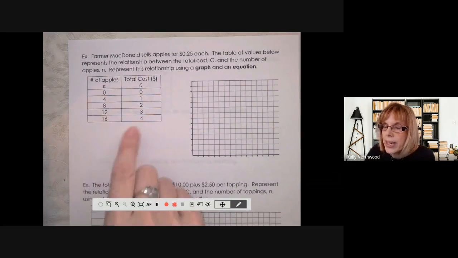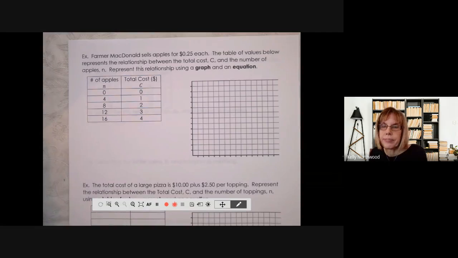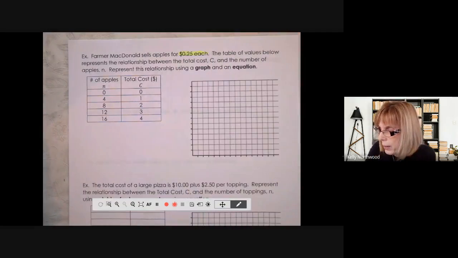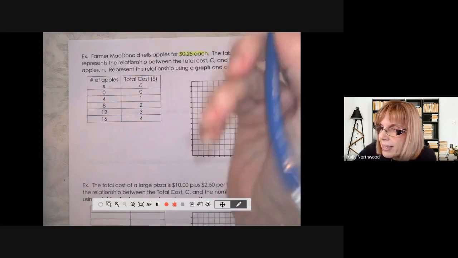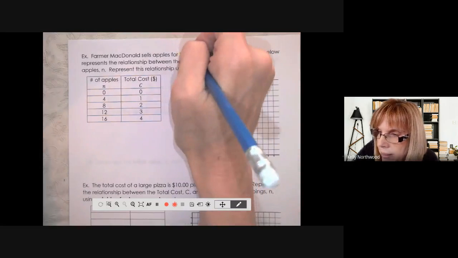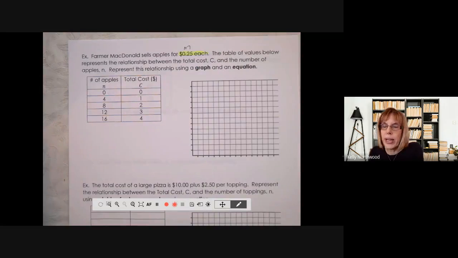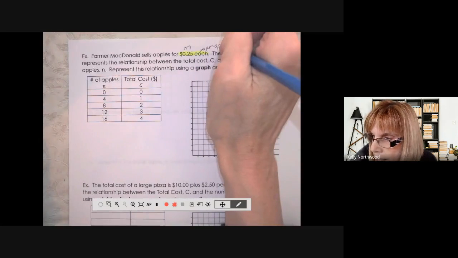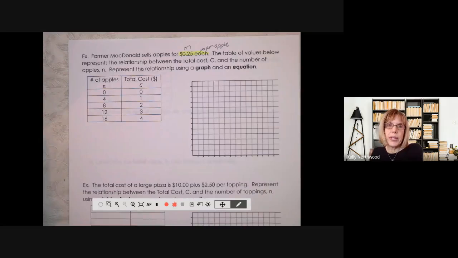So they already made the table for us. 25 cents each, meaning 25 cents per apple. I'm going to think that that's M. Okay, 25 cents per apple. Each means per apple. But we'll see if we can prove that using our table and our graph.